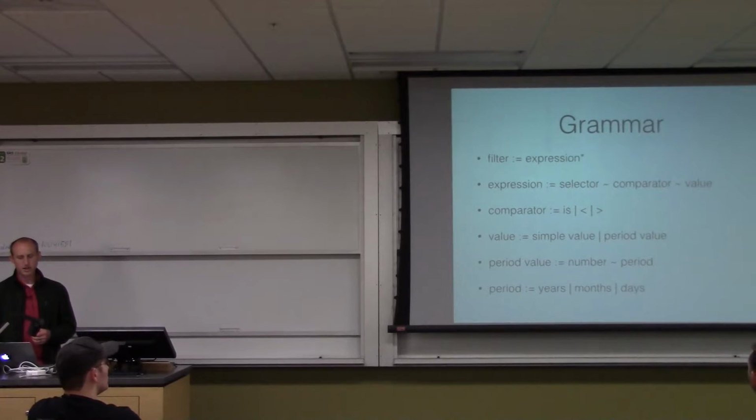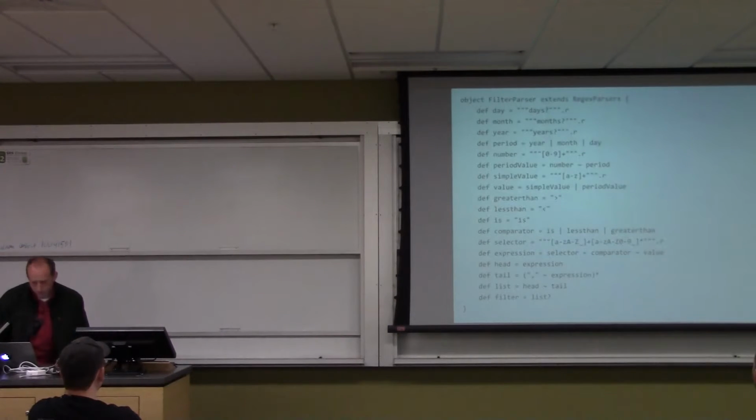And we just barely finished taking this grammar and building it out in Scala in a regex parser. In the end, it looked like, let me pull up, find the end here. Yeah, here it was.